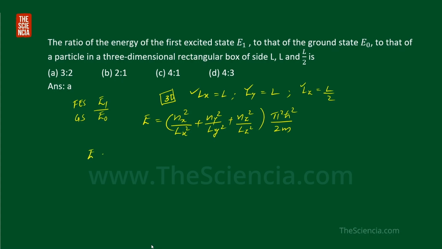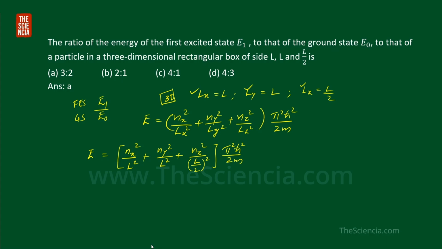So we will get energy E equal to nx square by L square plus ny square by L square plus nz square by (L by 2) whole square, into pi square h square by 2m.